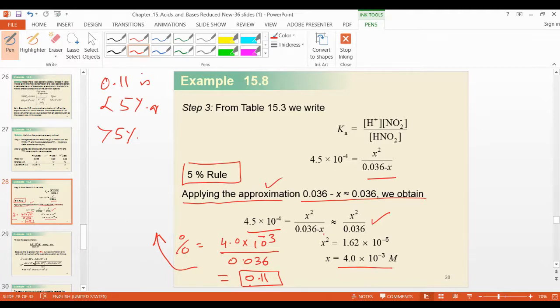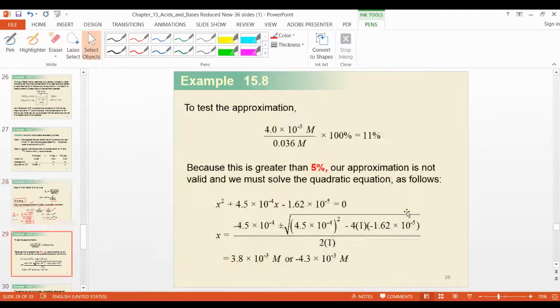The 5% rule: look at here. This divided by this, you will get 11%, not 0.11.